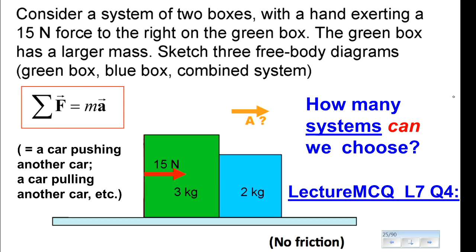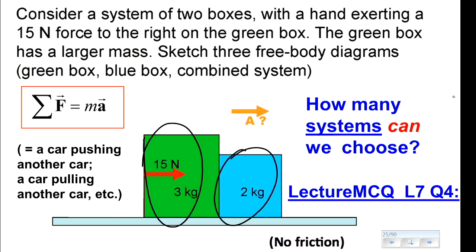Well, first of all, if we see two objects, definitely we can choose at least two systems. Each object we see, we call a system. Basically, we just point our finger and say, I call it a system. Then point a finger at a different object: I call this a system.